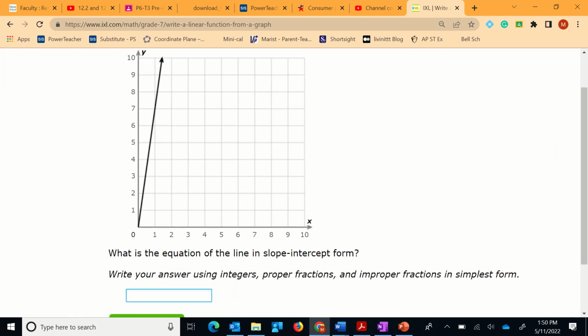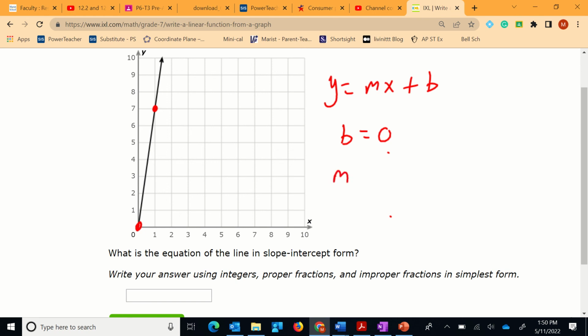So y equals mx plus b. Okay, well, where does it cross the y-axis? It crosses at 0, so b equals 0. And then what's another point that we have? We got a point up here. Be careful on this. Looks like we crossed there. So we got to go up 7 and to the right 1.